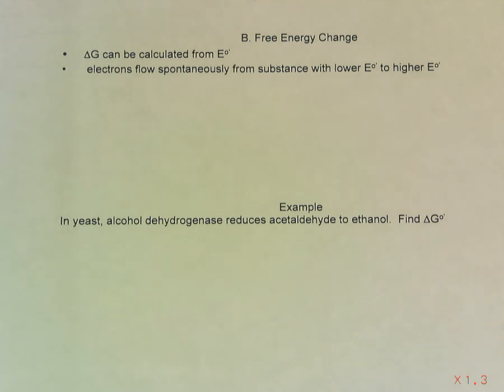So, electrons flow spontaneously from a substance of low E standard state prime to high E standard state prime. Right, so the higher the E standard state prime, the more likely it is to be reduced. If it's more likely to reduce, then it has to oxidize somebody else. And so those electrons are going from unlikely to be reduced, but likely to be oxidized, to likely to be reduced.